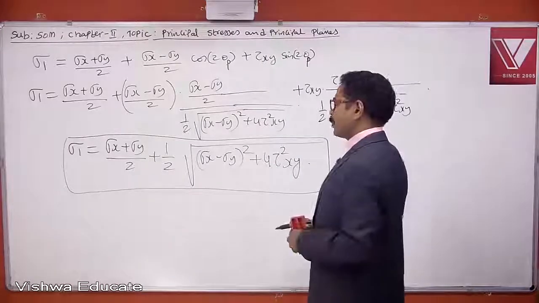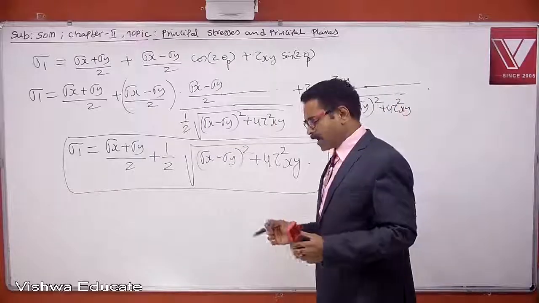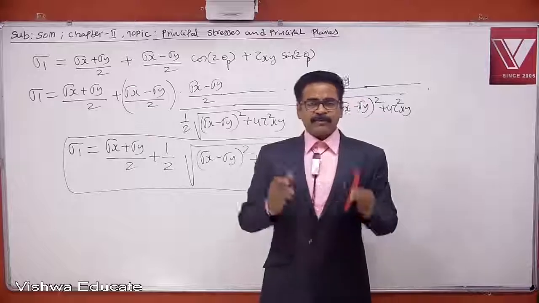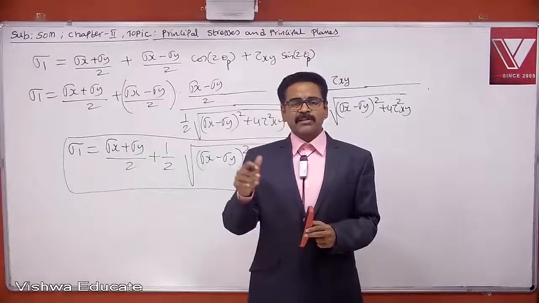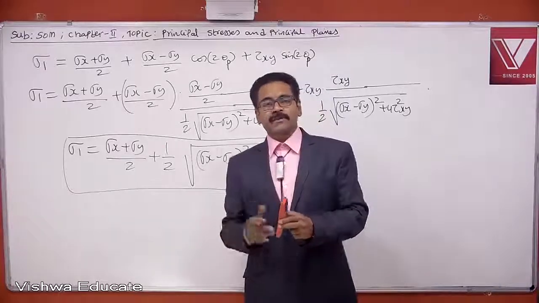How to find the formula for minor principal stress? We know the angle between two principal planes is 90 degrees. If the angle of the first principal plane is θp, what is the angle of the second principal plane? 90 plus θp.